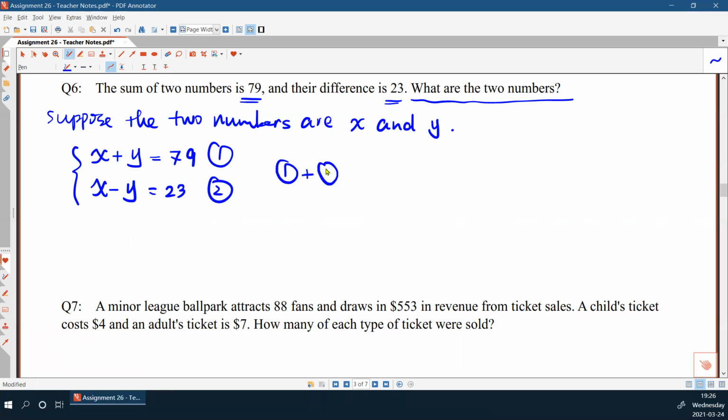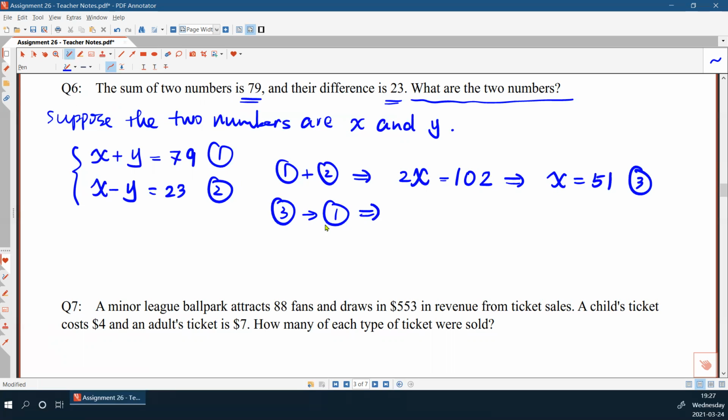And in order to solve it, we can use equation 1 plus equation 2. And this will give you 2x equals 102, right? So that means x is 51. So let's call this equation 3. And then we can put equation 3 into either equation 1 or equation 2. So how about we put it into equation 1?